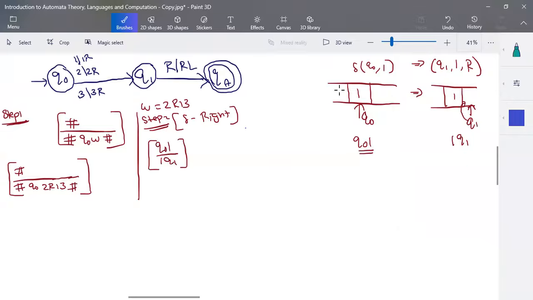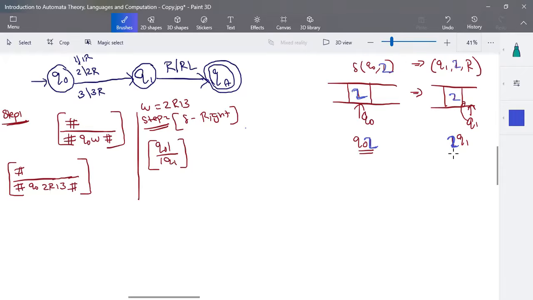For the next input, instead of 1 in the tape, you have 2, but the remaining procedure is the same. Q naught on reading the input as 2, 2 will remain as it is in the tape, and we are moving right.